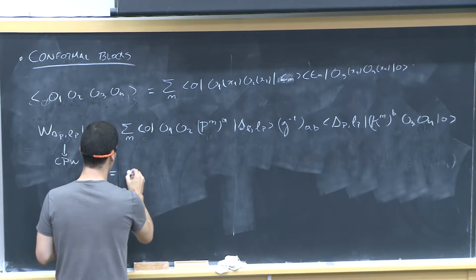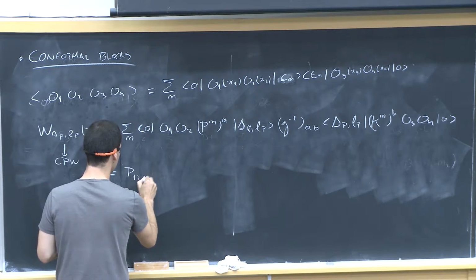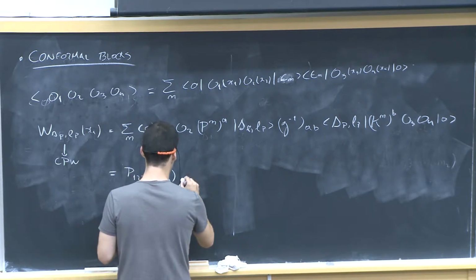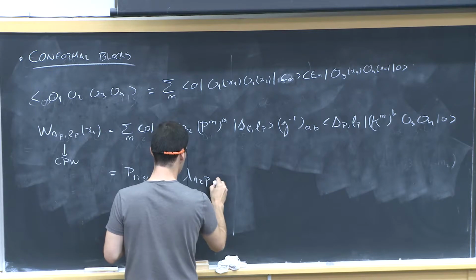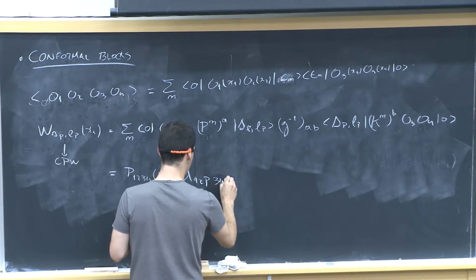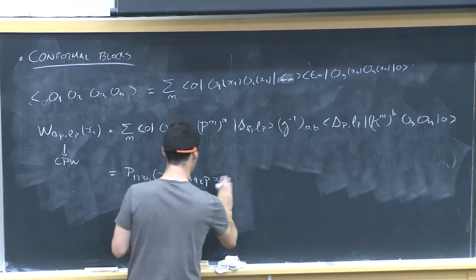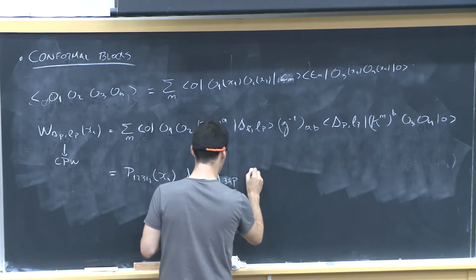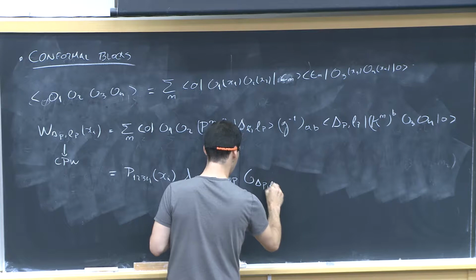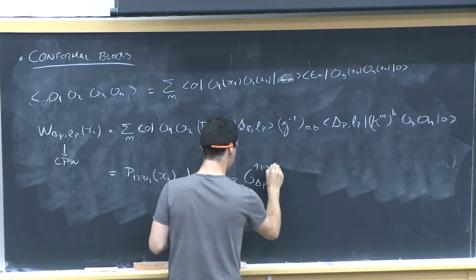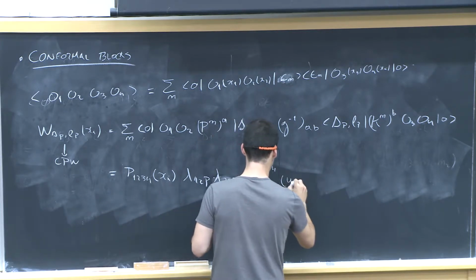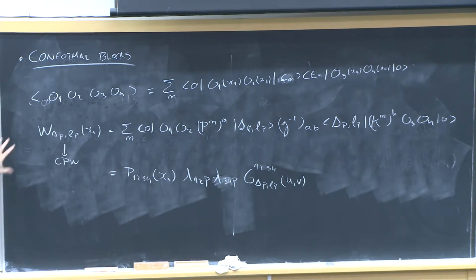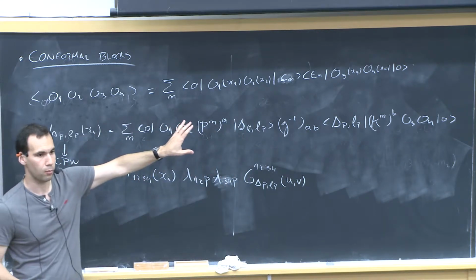So there will be some prefactor depending on the coordinates xi, and then g delta p, lp, uv. Okay? So this is kind of like a precursor to the conformal block.